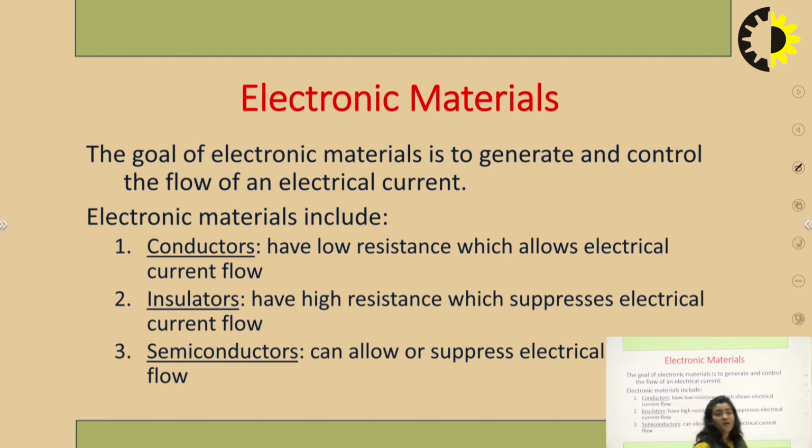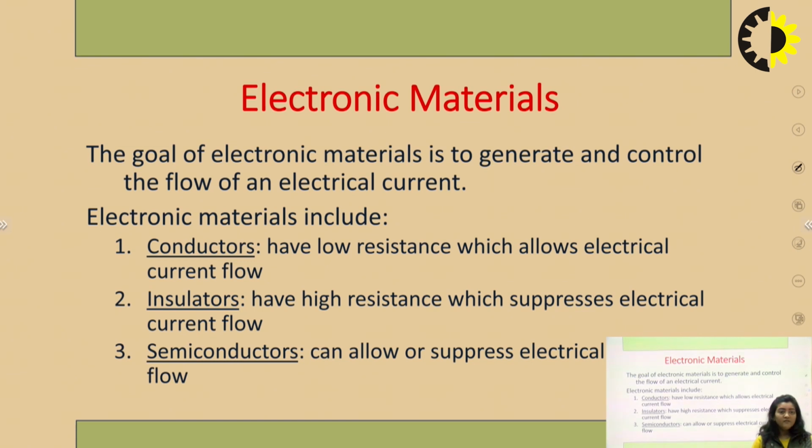Then we have insulators. Insulators have very high resistance, which suppresses the electric current flow, meaning they do not allow electrons to flow through them. We will see the reason behind that.